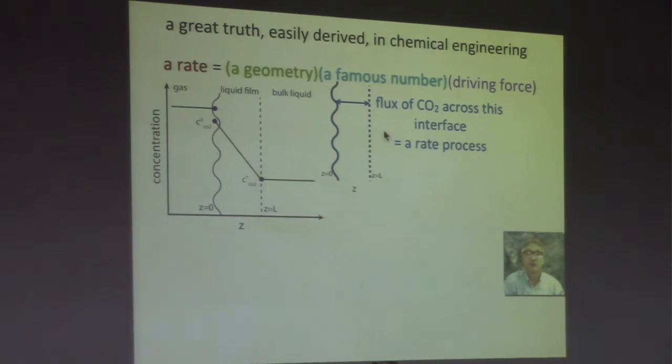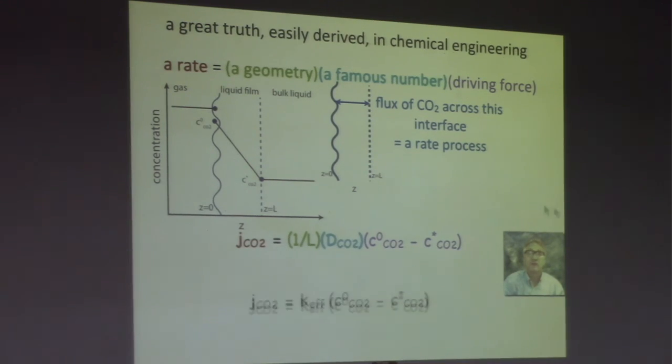That's a rate process. And the great truth from chemical engineering can be expressed like so, namely that the flux of CO2 across that interface is given by 1 over the thickness of the interface, a diffusion coefficient for CO2 in that liquid film, and a driving force, that is the difference in concentration between CO2 in the gas phase and the concentration of CO2 at the film-liquid interface.